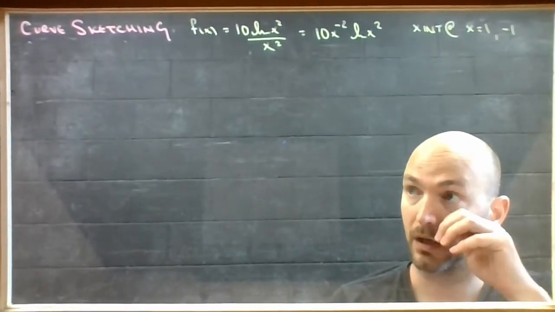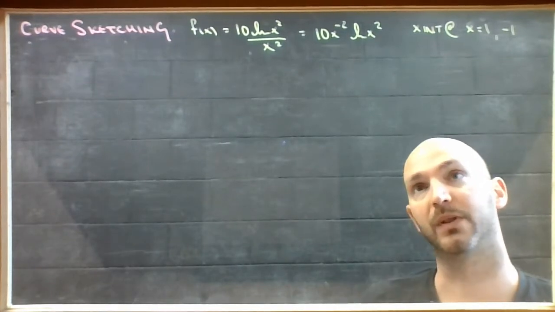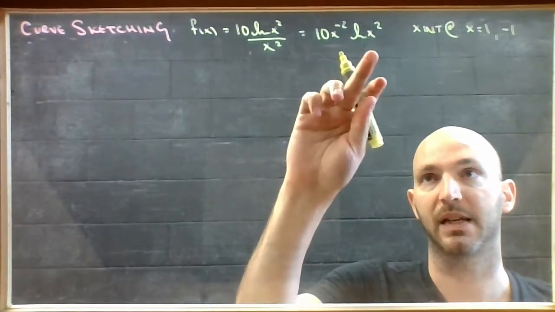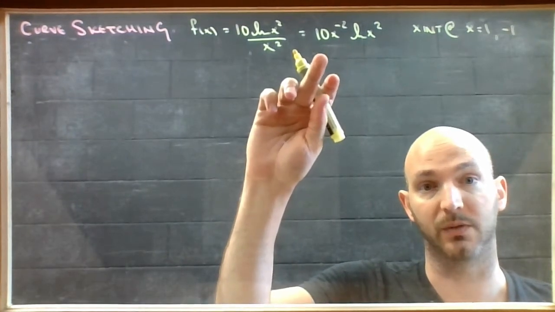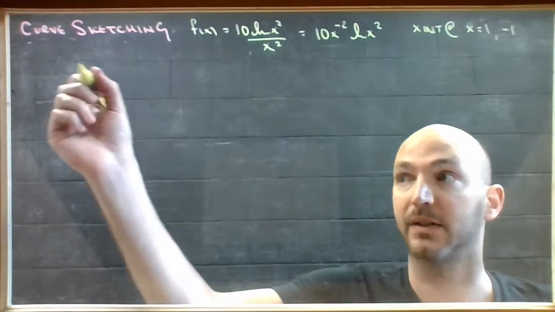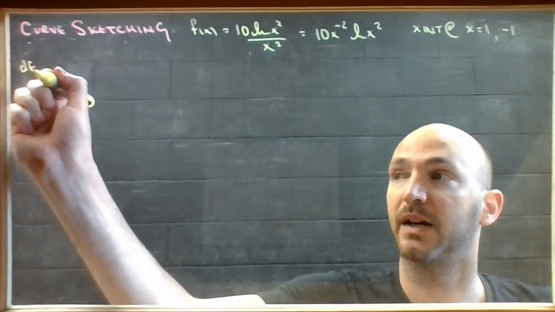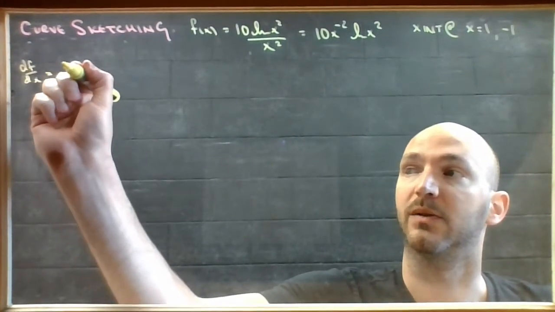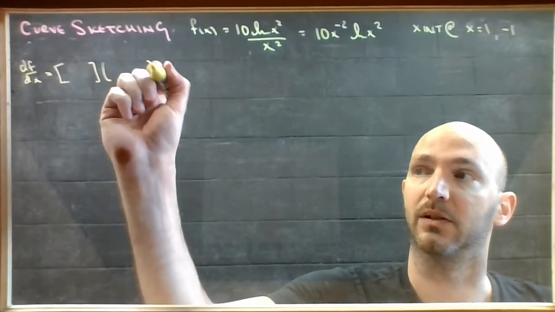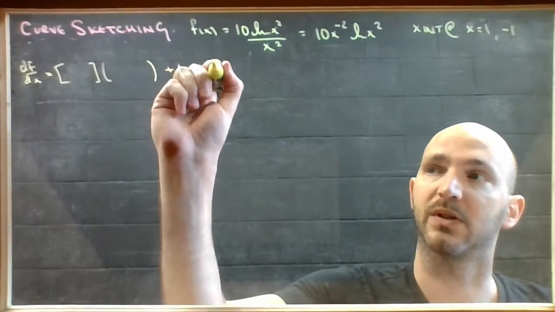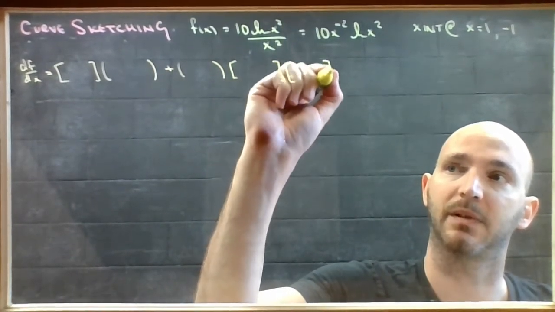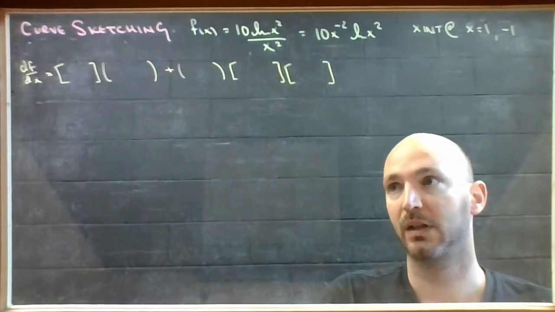So continuing on, I'm going to need the first derivative to do the max-min points. So this thing is going to be a product rule, and the second half of the product rule will require chain in order to execute it. So df by dx is going to be derivative of the first, leave the second alone, plus leave the first alone, then derivative of the second, but set up as a two-layer chain rule.